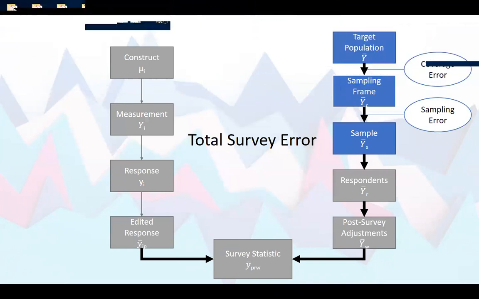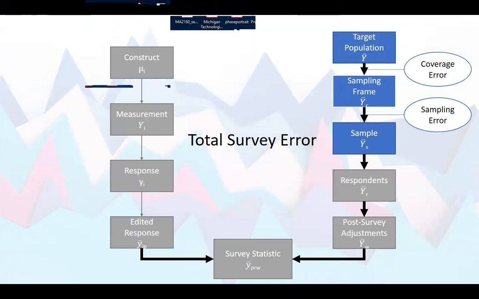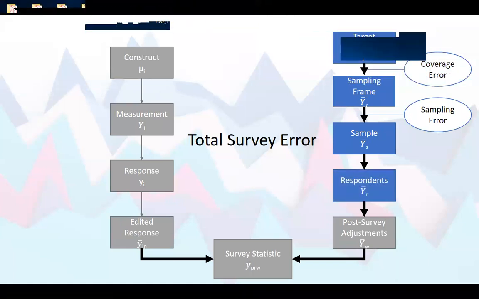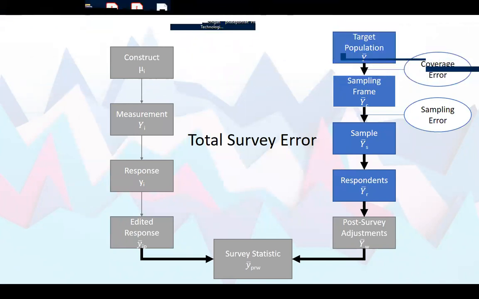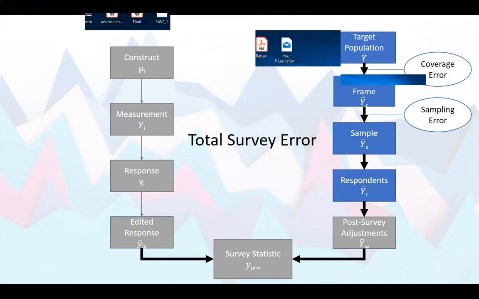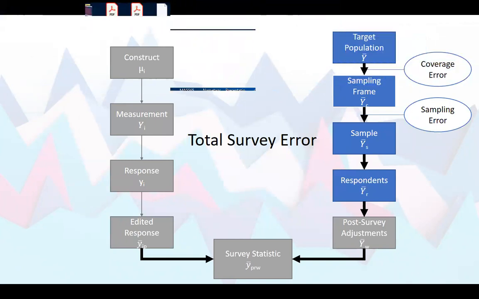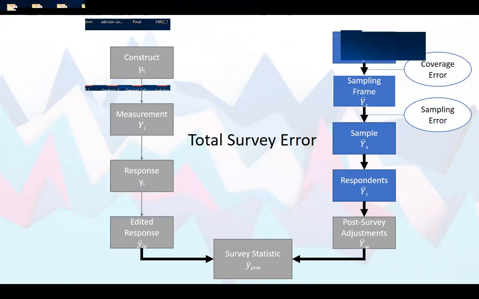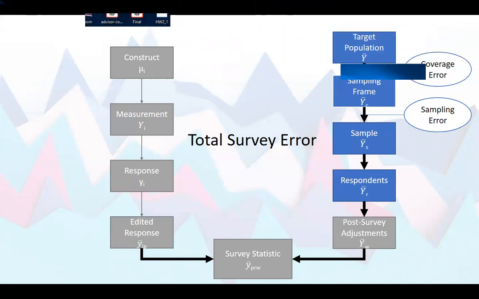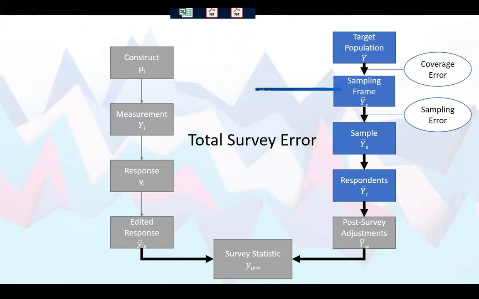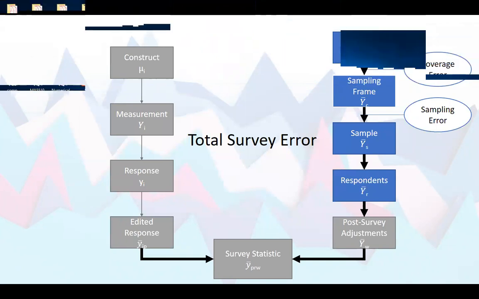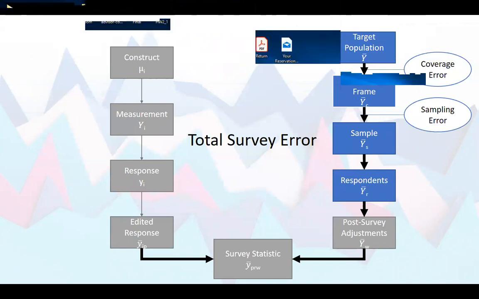But it's not until you actually reach out to them and try to get their information that they become a potential respondent. So in moving from the sample to the respondents, now you're actually making the step of doing some sort of recruitment. Recruitment can happen in many different ways. If you're doing a telephone-based survey, it could be just a matter of making a phone call, trying to identify the relevant respondent and trying to convince them to participate in your survey.